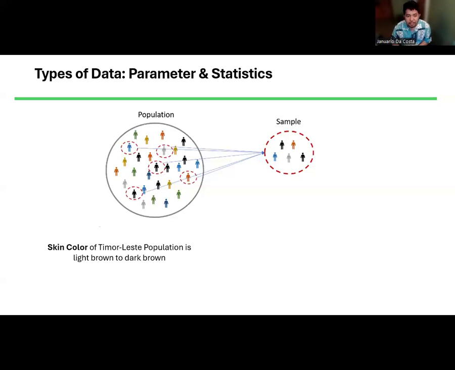Or the average height of the Timor-Leste population is 157 centimeters. Or the literacy rate of the Timor-Leste population is about 86.25%.